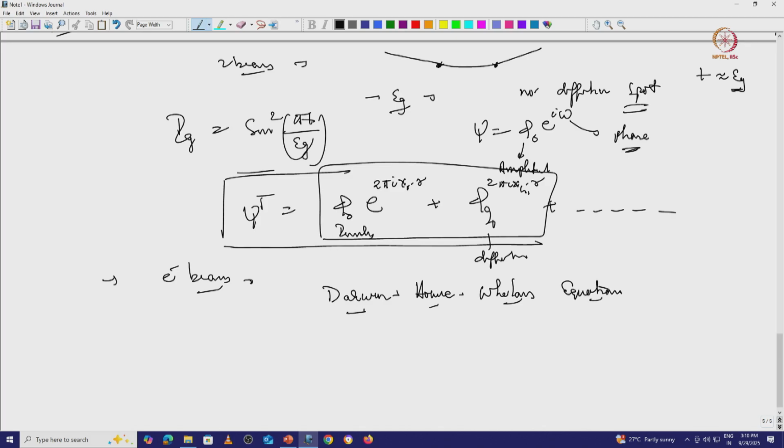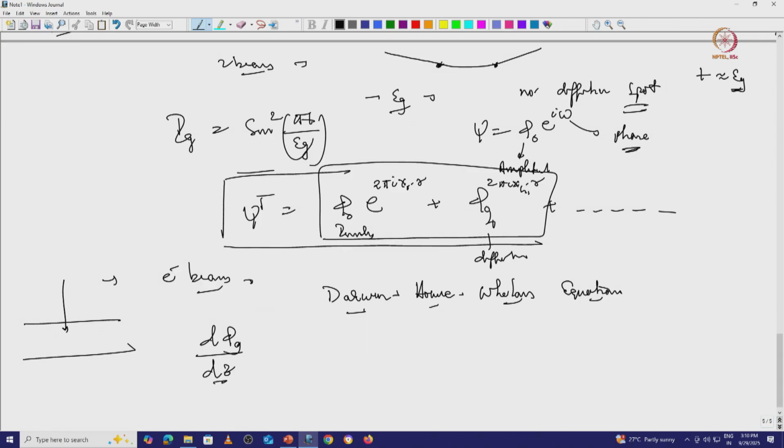And this equation is represented by d phi g by del z. It is the intensity of the diffracted beam changing with respect to your z, your sample thickness.